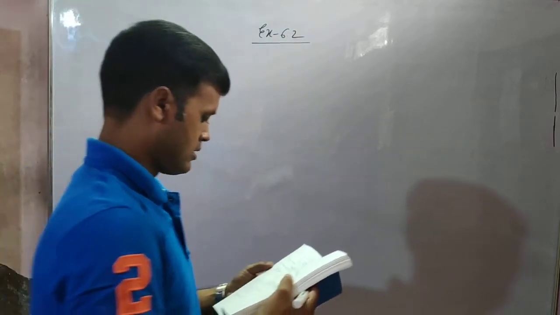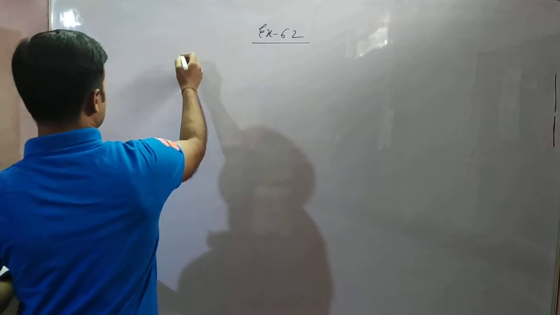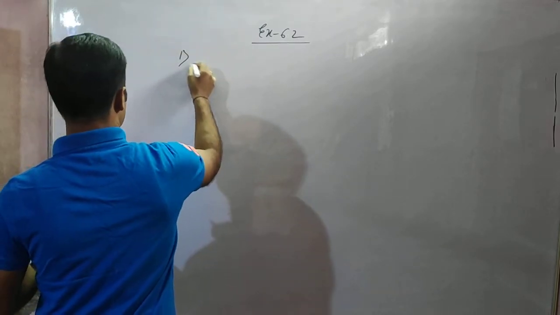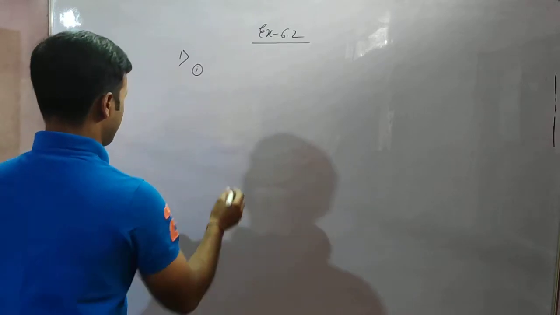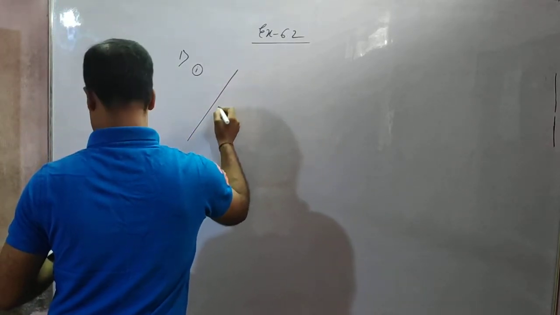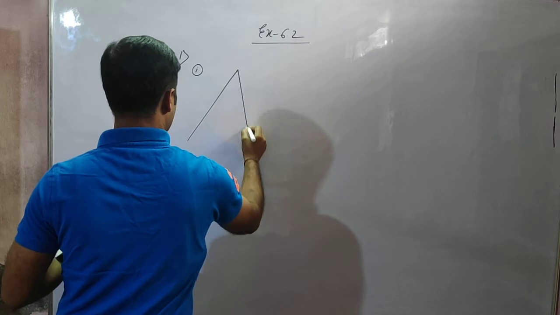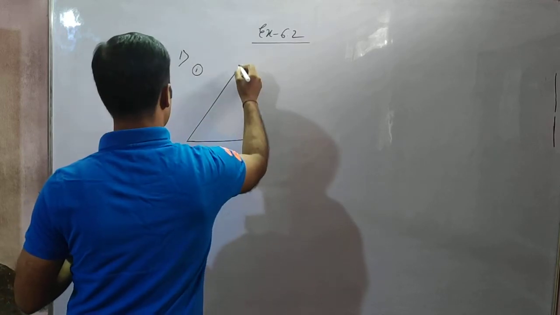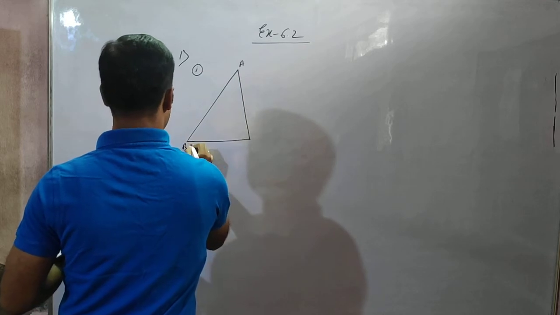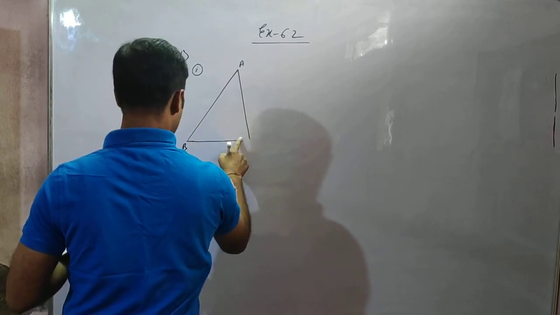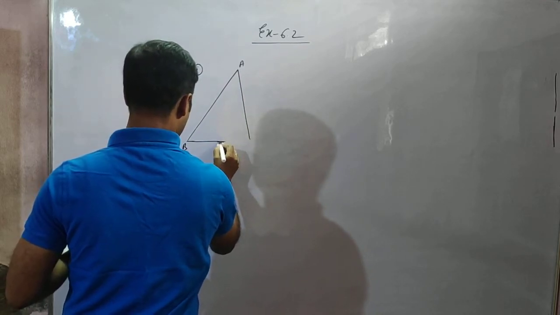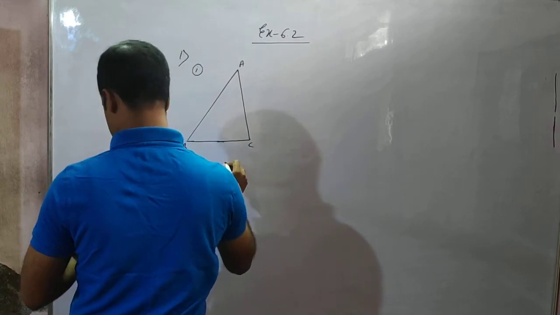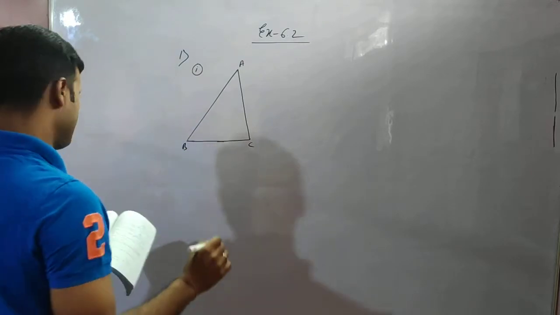So number one, you see. One triangle is given, ABC.